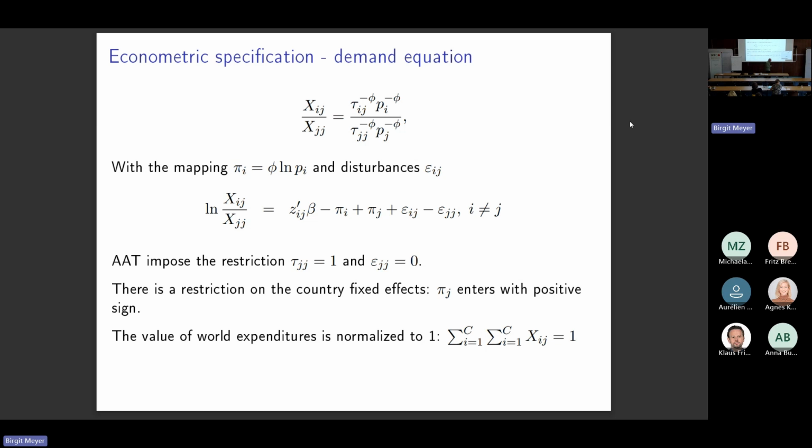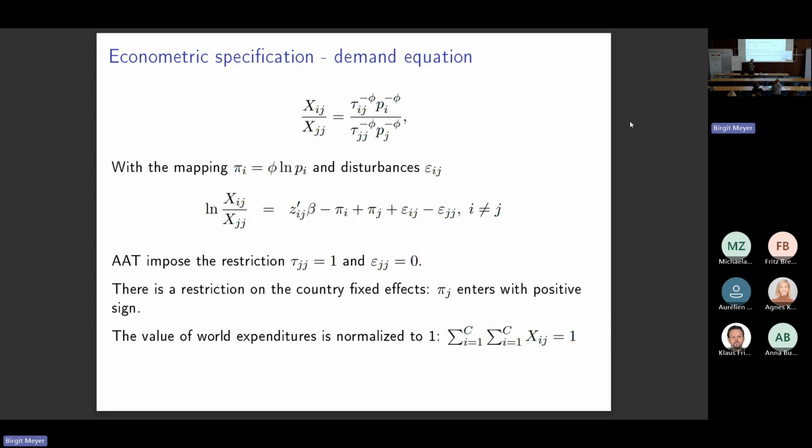Okay? So what they observed is, actually, this is a fixed export effect that comes on the exporter side as a PJ, so it is somehow restricting the import fixed effects. Okay, and then the added disturbances up here.